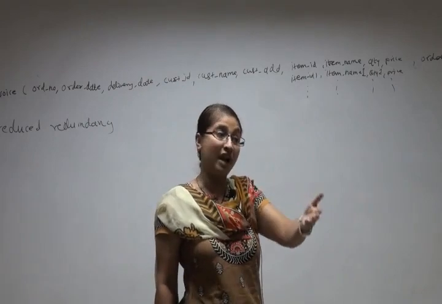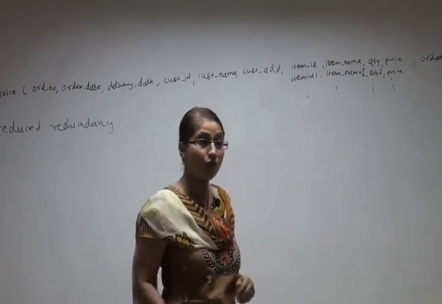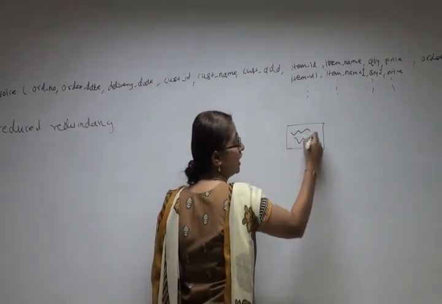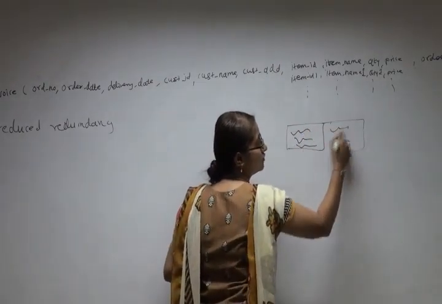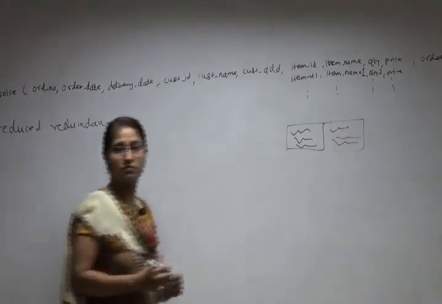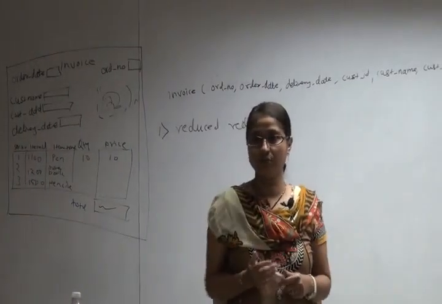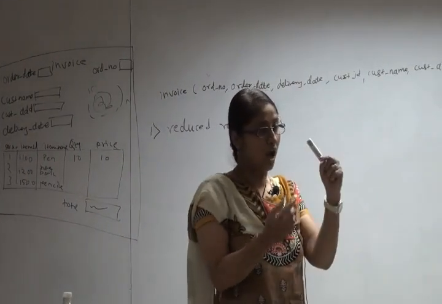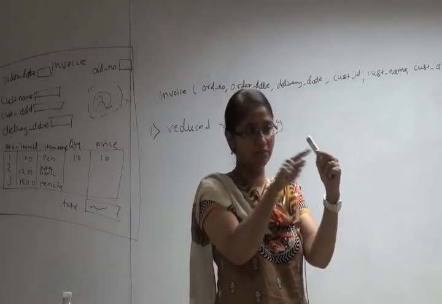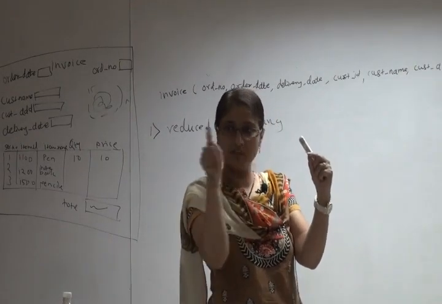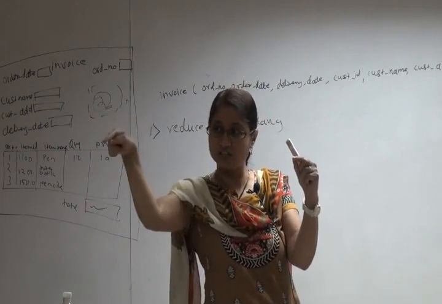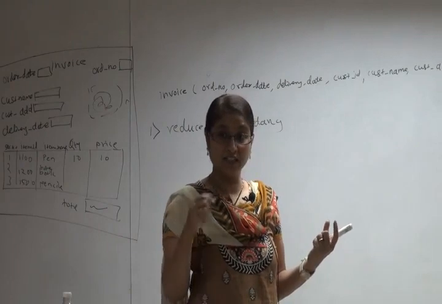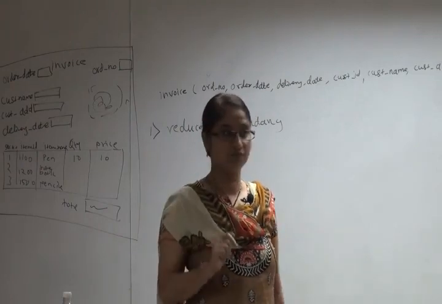Now we'll send you later. How will you identify if in one column we are having multiple values? Getting the point? In one column you are having multiple values. How will you identify this item number has this name, has this quantity, and this quantity has this price? I hope you had done this in C string manipulation.